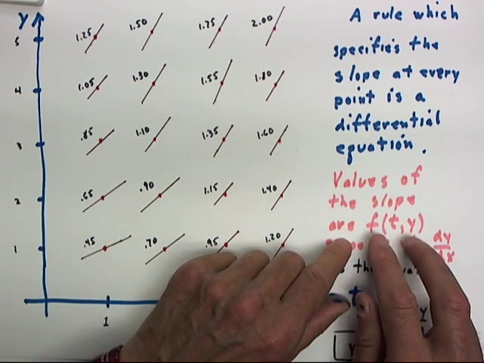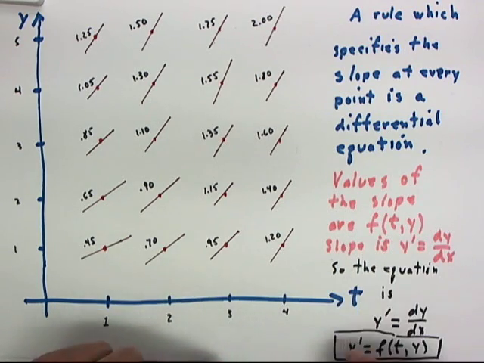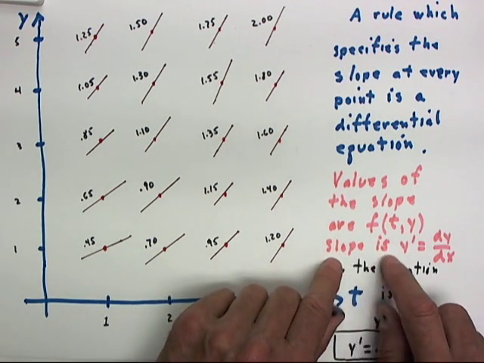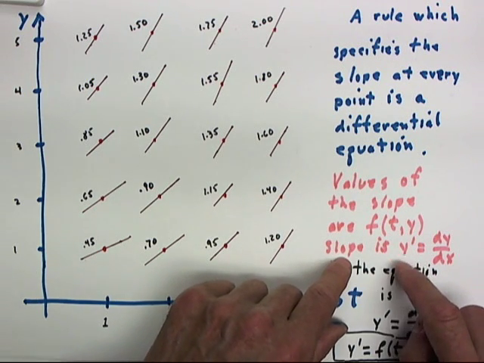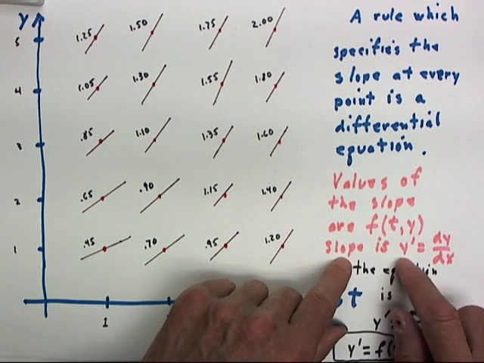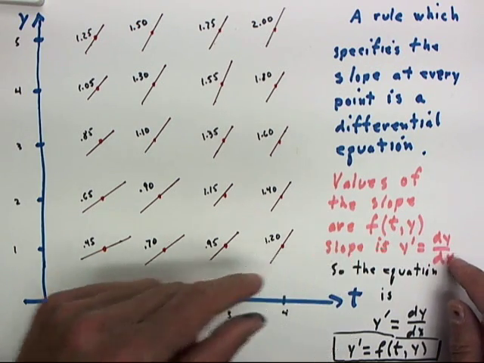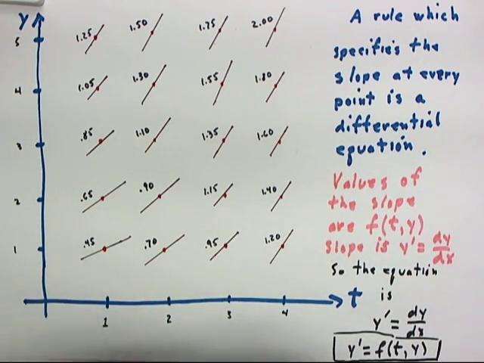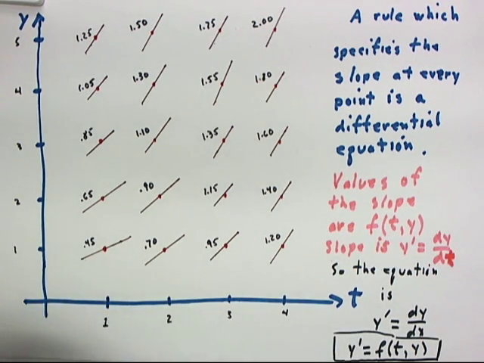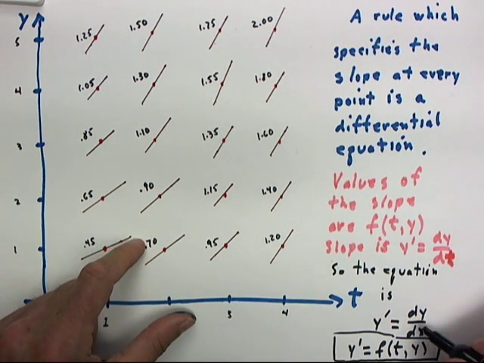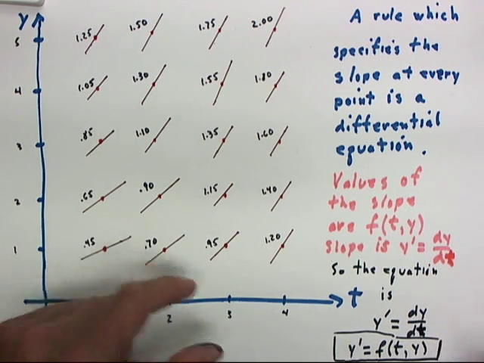So the slopes are given by some function f of t, y, and of course we know in general that a slope to some curve of some function y could be written as y prime or dy dx, and I've got dy dx. I should really have dy dt here, because t is our variable, not x, and I've made the same mistake down here, so let's change that x to a t. It's pretty sloppy, but we'll try to live with it.